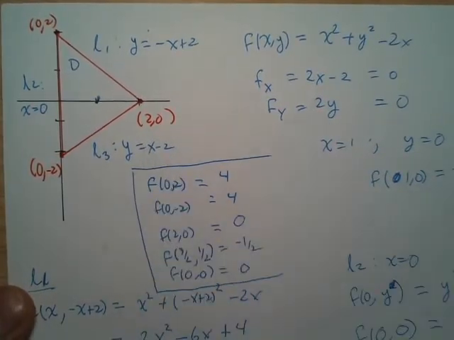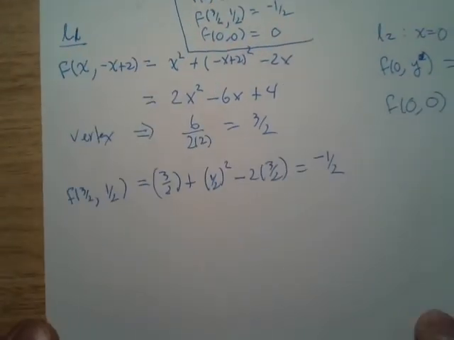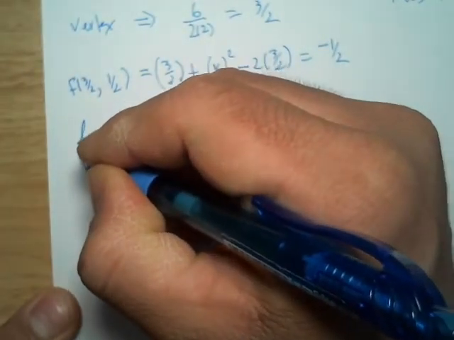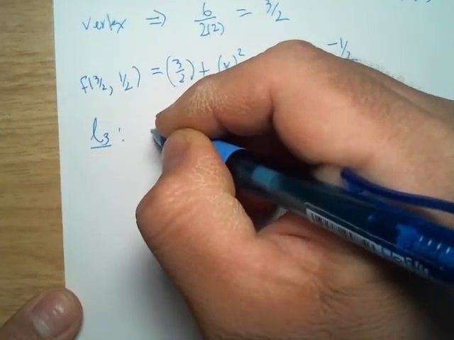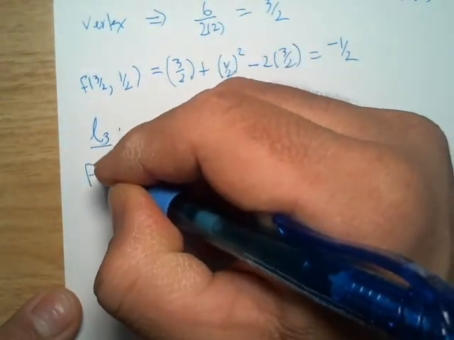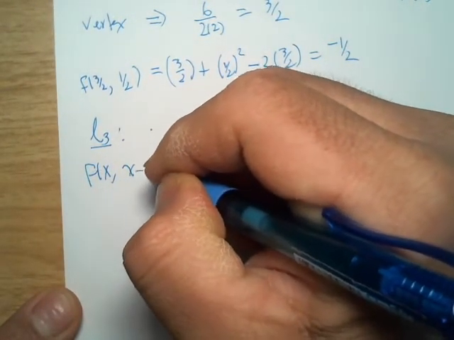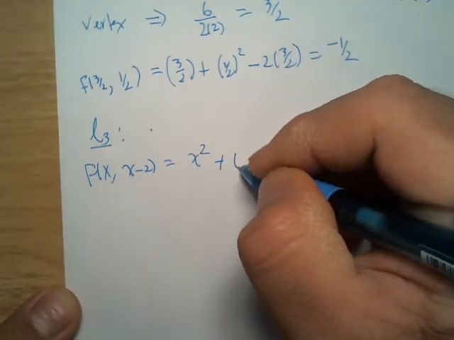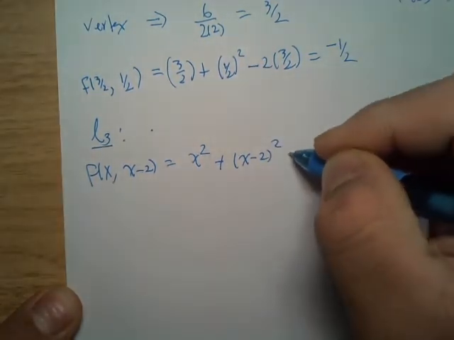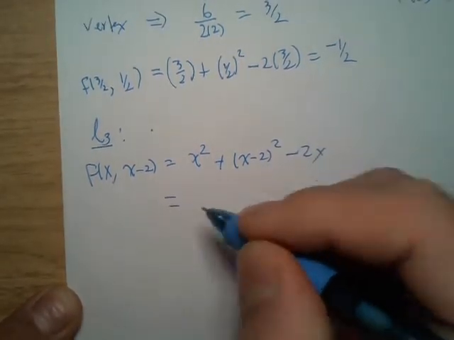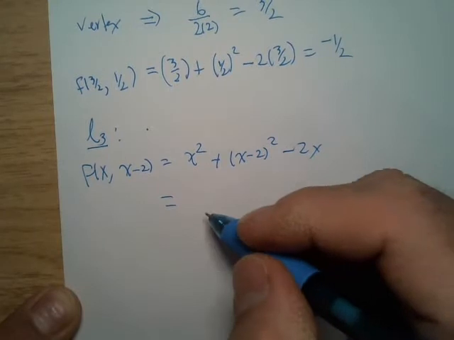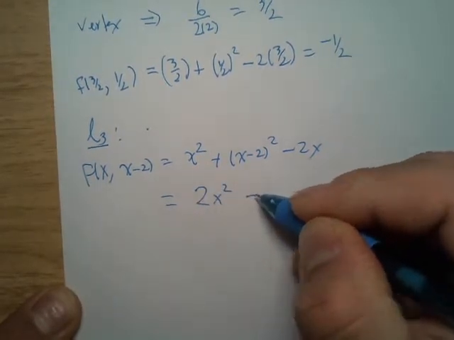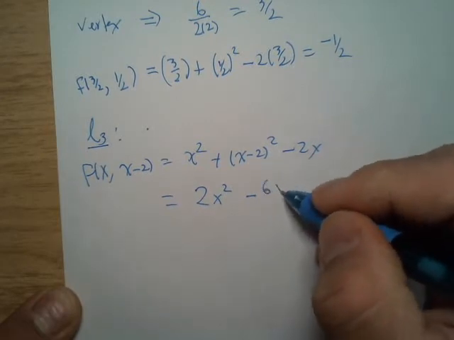y is equal to x minus 2. So on L3, we again just replace the y with x minus 2, so we have (x minus 2) squared minus 2x. Simplify and combine like terms, and we get 2x squared minus 6x plus 4.